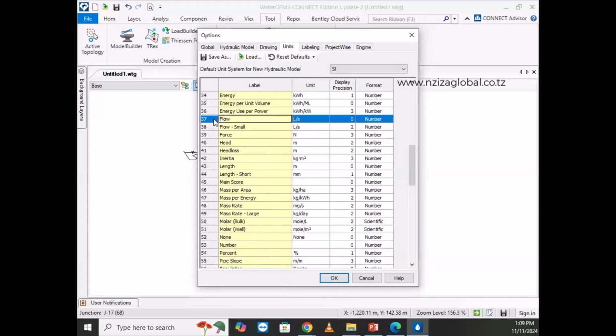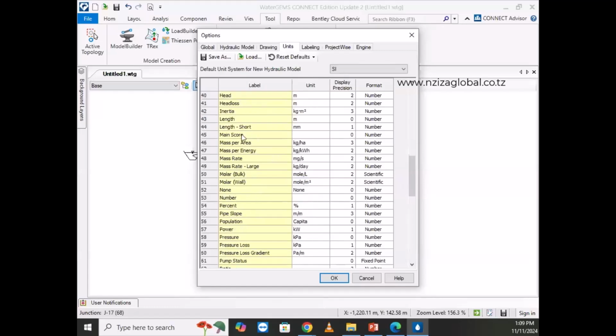Flow small is like the smallest liquid that can pass through those pipes. But most of the time we are looking for this one, the flow, which is the total flow passing through the pipes. We find also length, short length, but short length is when you are trying to see, from here to here, where the shortest length is that can be found. We also found the scaled length, but most of the time we look for length.